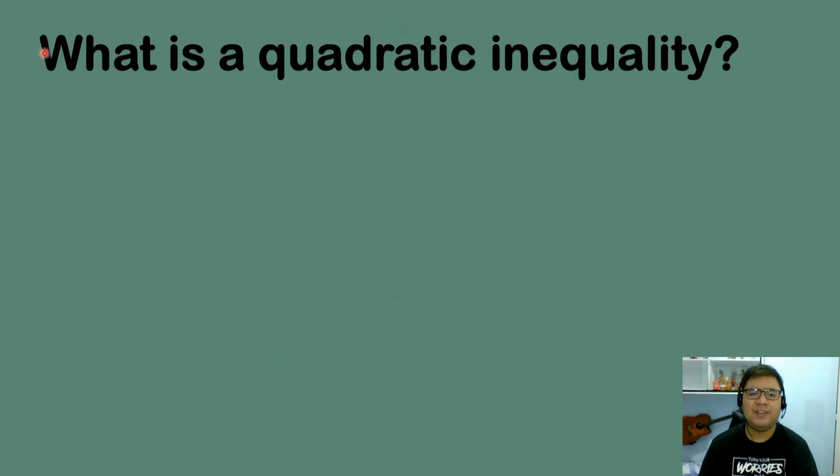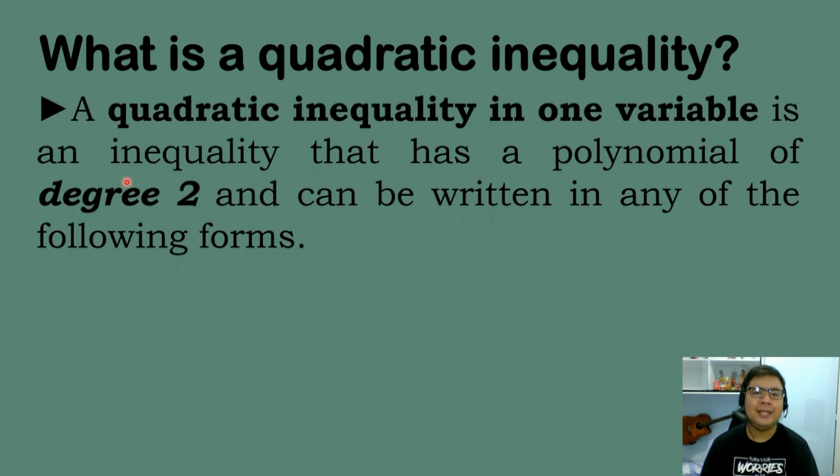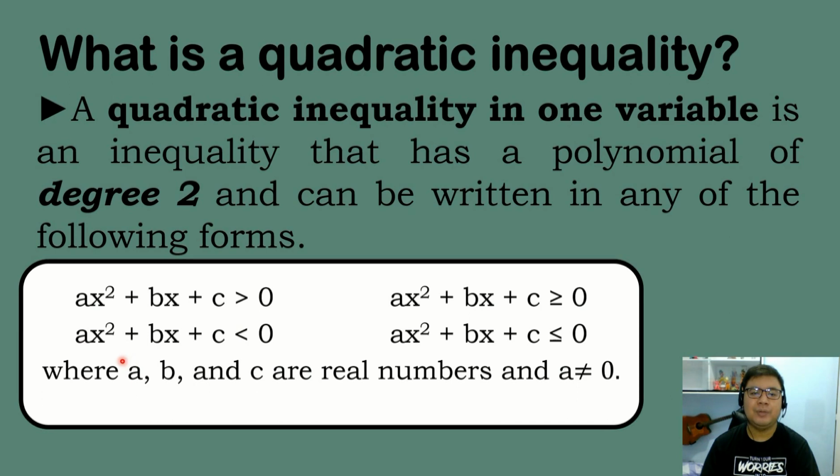So let us define what is a quadratic inequality. When we say quadratic inequality, it has only one variable, like a quadratic equation. It is an inequality that has a polynomial of degree 2 and can be written in any of the following forms. It can be written as ax squared plus bx plus c is greater than 0, or ax squared plus bx plus c is less than 0.